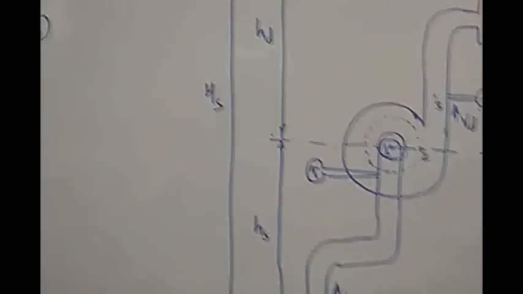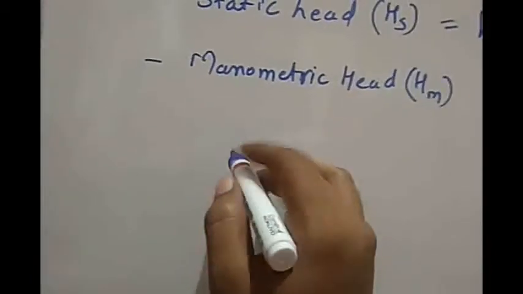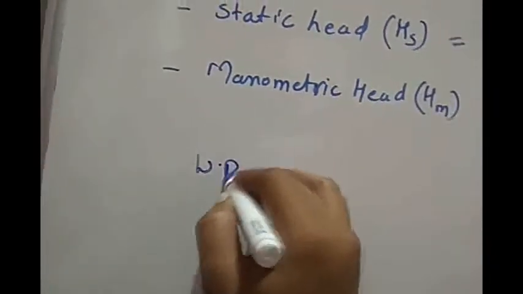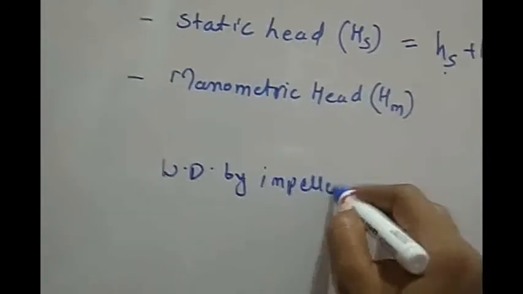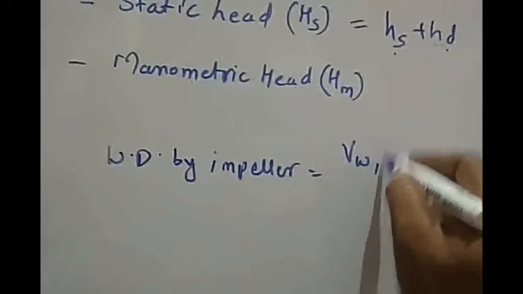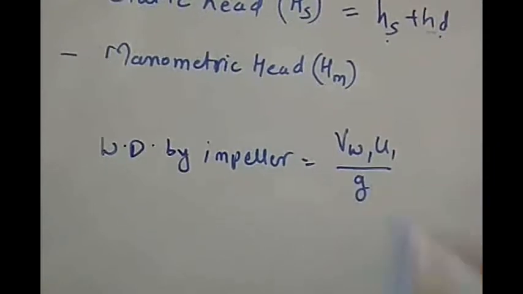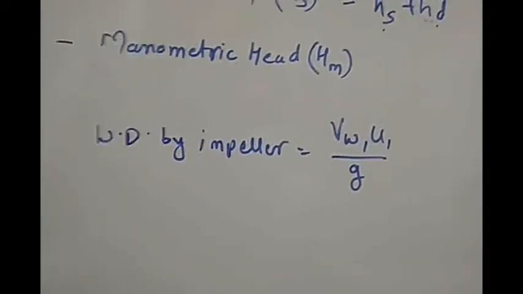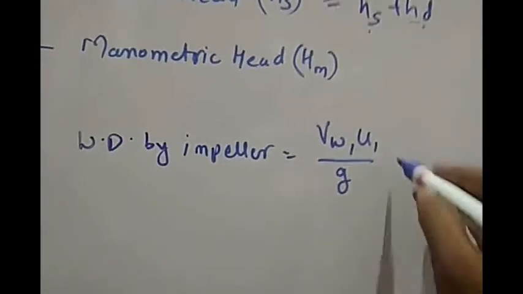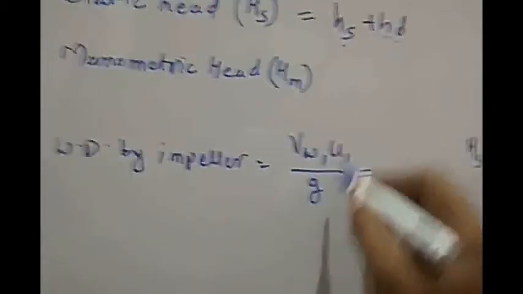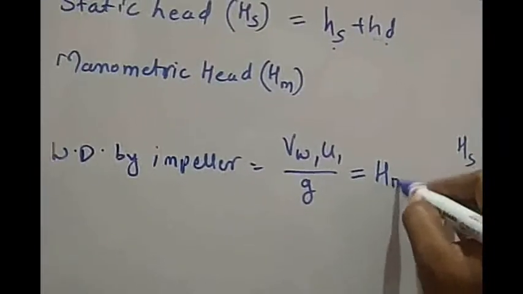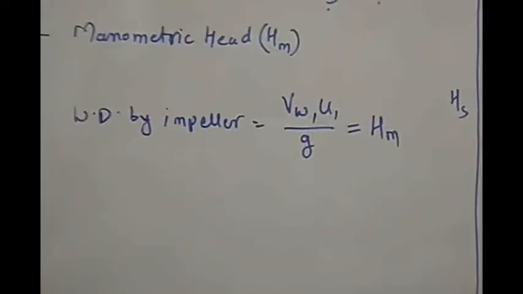Now we know that the work done by the impeller on the liquid, which we have seen in the last lecture, is nothing but Vw1u1 upon g. So if there are no losses, in that case this work done is nothing but the manometric head HM.